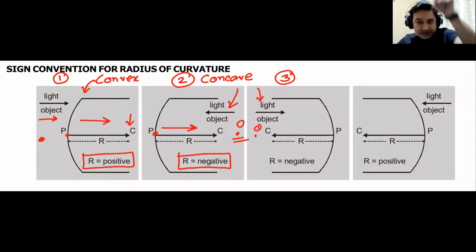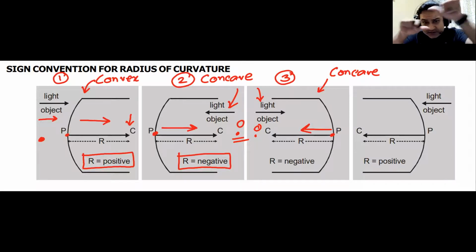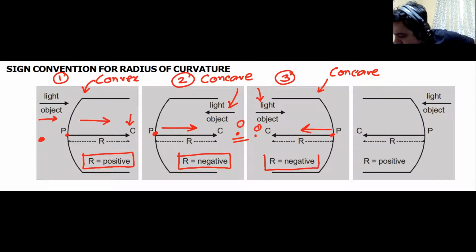So the inner side is exposed to the object, and therefore this surface becomes a concave surface, and all the distances are to be measured from the pole. Here the distance would be measured in this direction, but light is coming in this direction, and hence R becomes negative. Do we understand this?